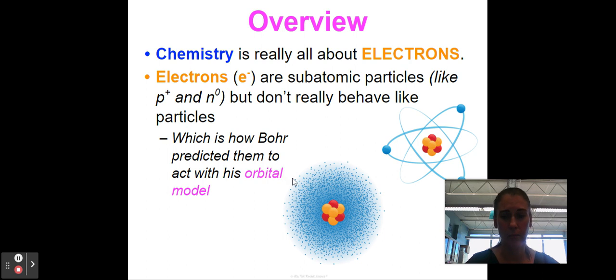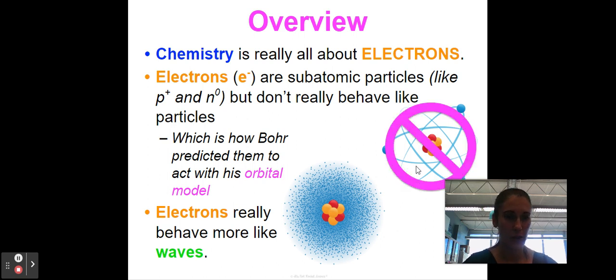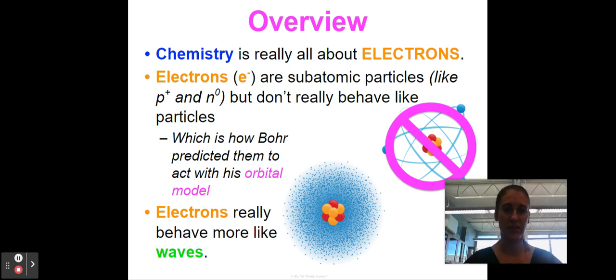We call this the orbital model. So electrons actually behave more like waves, and a lot of the study of light experiments have given us information about electrons. So that's not really true, although it's classically still used.